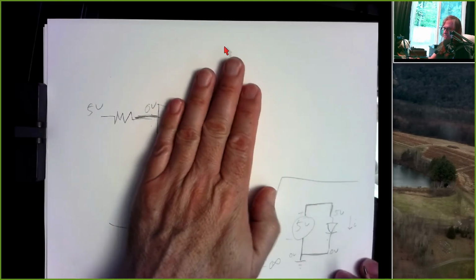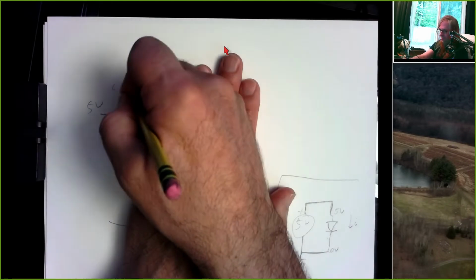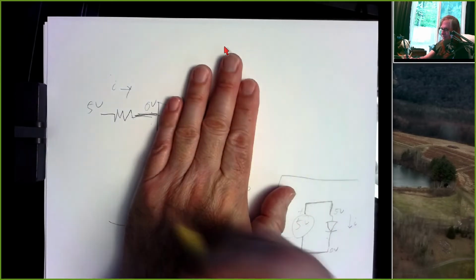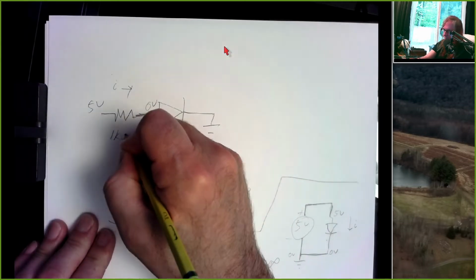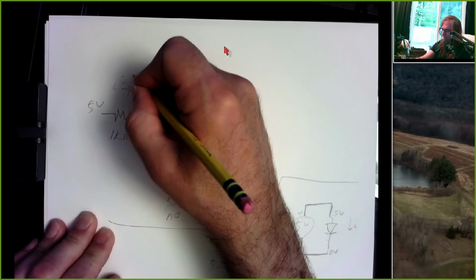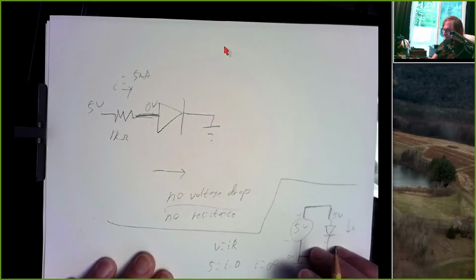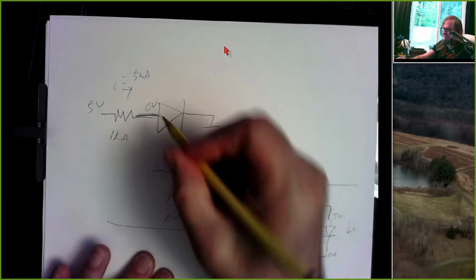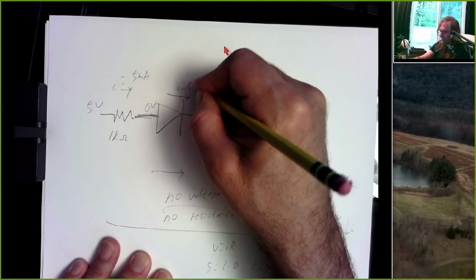And we can analyze this part of the circuit exactly like we did in 120. We can say there's a current here. There's a voltage drop of 5 volts. There's a resistance of 1 kilo ohm. This is going to be 5 milliamps. Just 5 divided by 1,000. And since this is in series, the current going through here is also going to be 5 milliamps.